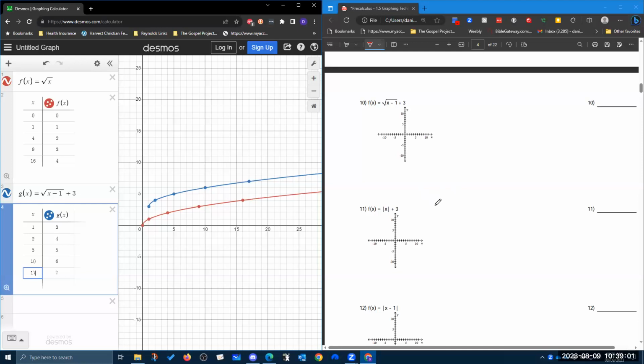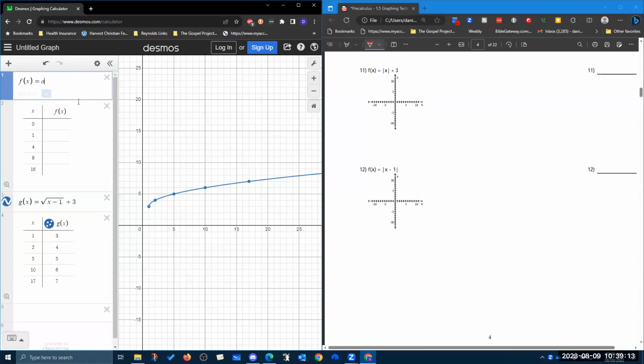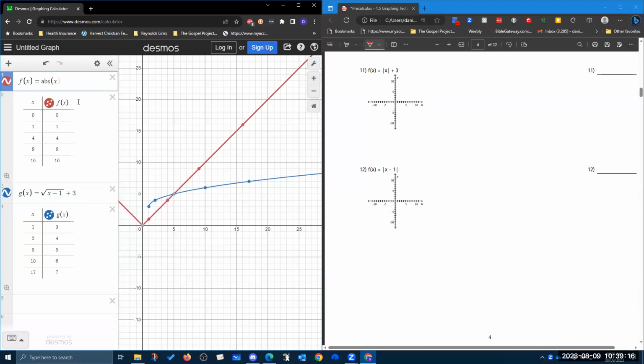Let's go ahead and talk about another one of the graphs that was in our parent graphs, our different family of graphs here in our library of functions, and that was the absolute value function. I'm going to use ABS for that, or I can use these absolute value bars in Desmos.